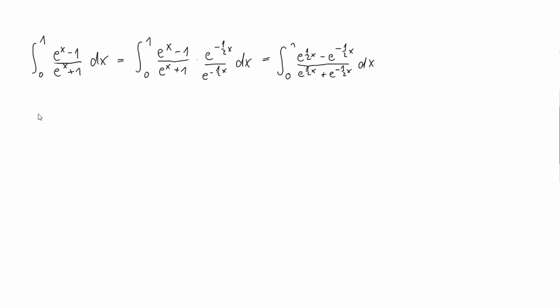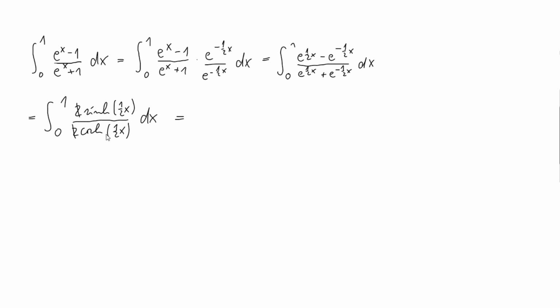And this is just the integral from 0 to 1 over 2 times sinh(x/2) over 2 times cosh(x/2) dx. So the 2's cancel out, and now we are almost ready to substitute.